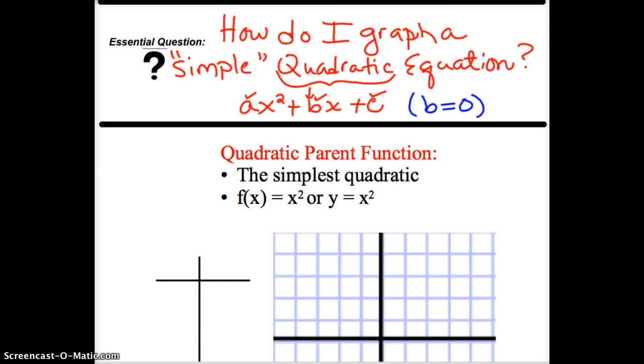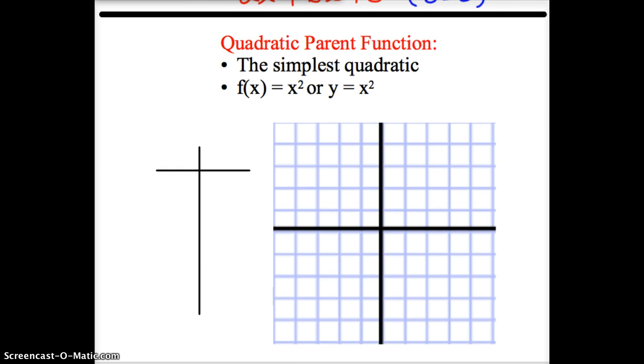So first of all, before we even start, we have to understand what the general shape of a quadratic function looks like. And if we go back to linear algebra, you've already graphed equations of the form y equals mx plus b. Or, for a specific example, maybe y equals 2x plus 5.